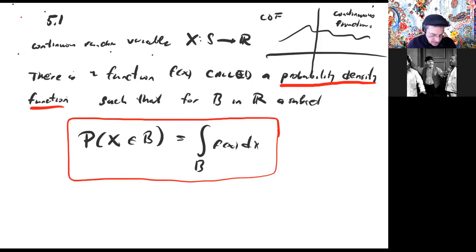So this is essentially a definition of what it means to be a continuous random variable, and f of x should be a continuous function. Okay, so that's the definition. I want to get some immediate consequences of the definition.